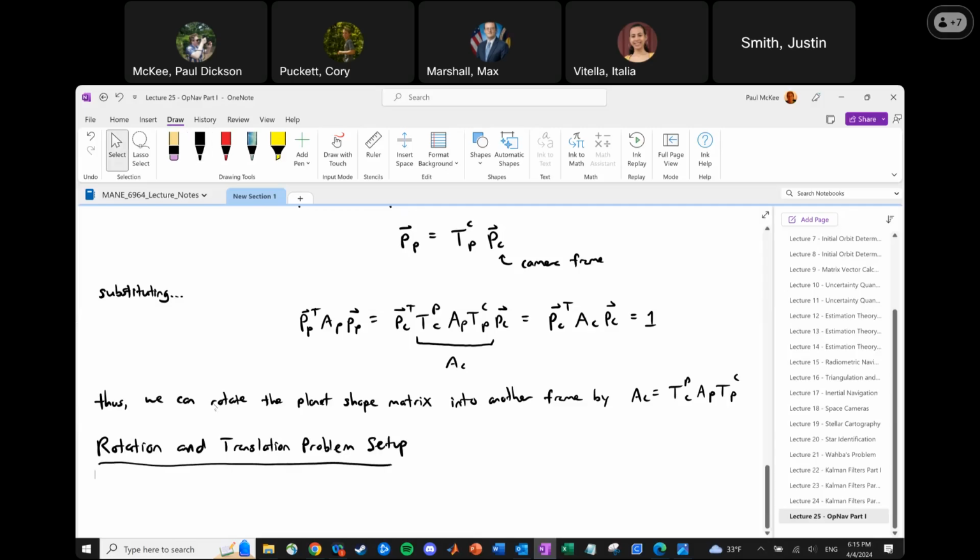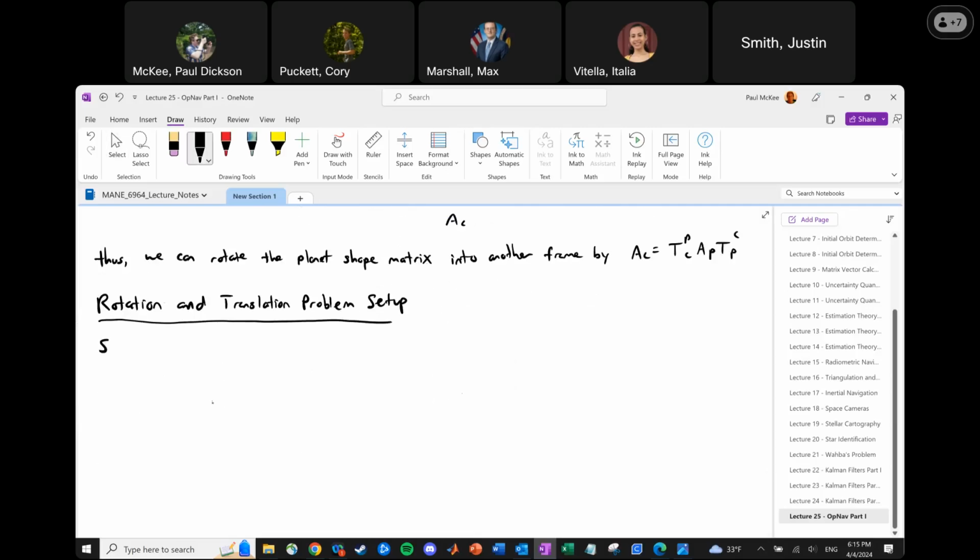So suppose we want to consider a rotation and a translation with respect to the principal frame or the planet frame.